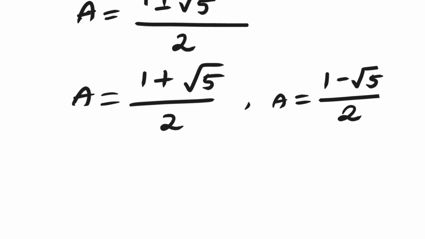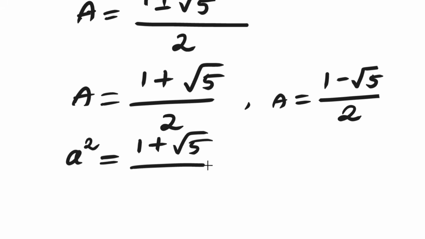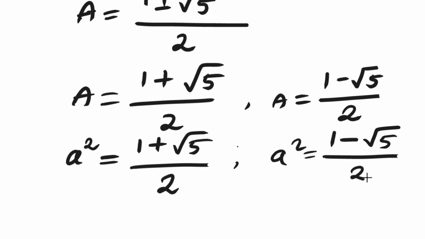Now remember our substitution. Capital A actually represents a squared. So we substitute back and obtain a squared equals the quantity 1 plus square root of 5 divided by 2, or a squared equals the quantity 1 minus square root of 5 divided by 2.